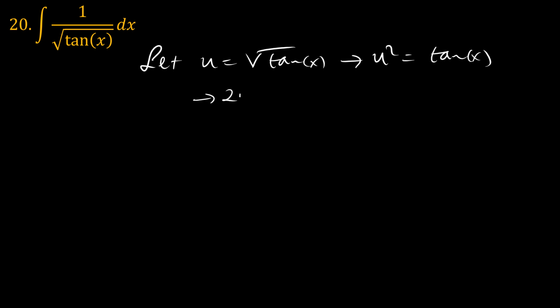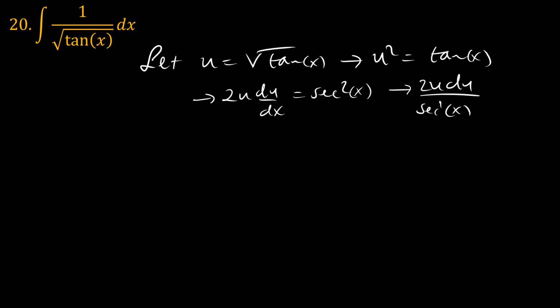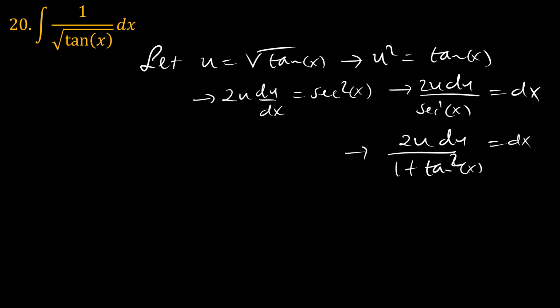One thing we could do is just let u be equal to the square root of tangent of x, which means that u squared is equal to tangent of x, implying that 2u du over dx is equal to sec squared of x. So sec squared x is equal to 1 plus tan squared x, which is 1 plus u to the fourth. From here we see that dx is equal to 2u du over 1 plus u to the fourth.